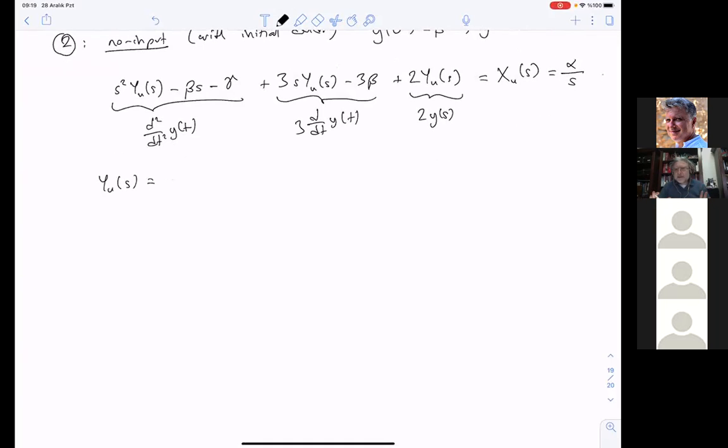Now, things are getting a little bit complicated here because we have to put everything into Y of s parentheses, and it will give me, again, a third order expression in the denominator, and there will be also something in the numerator coming from coefficients such as beta and gamma, etc. So in between, I have to write something like a few minutes later.